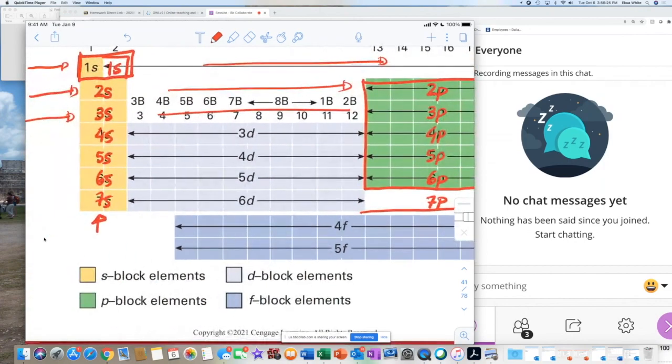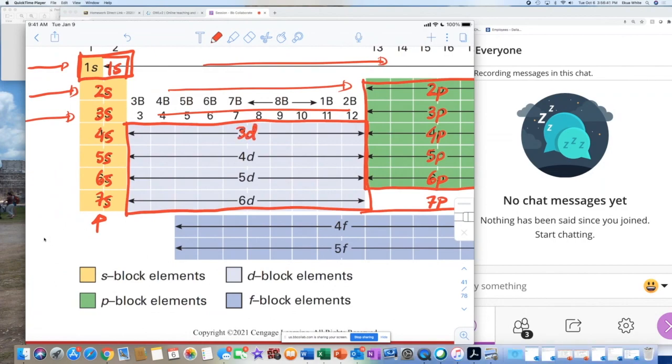When we come to the D block, what is this? Purple color? Let's call it purple. The D block, this is like the different wing of the same hotel. The lowest level in the D block is 3D. So we start with 3D. Remember, 1S is the lowest here. 2P is the lowest in the green. Now we start with 3 here.